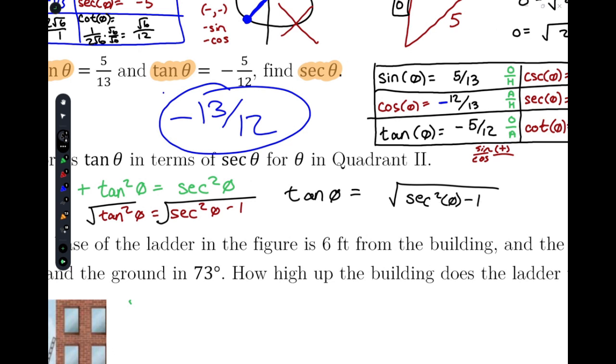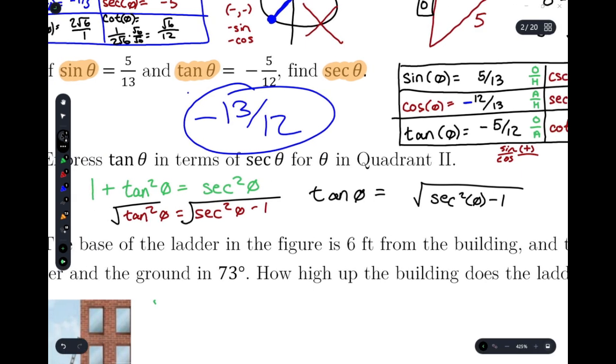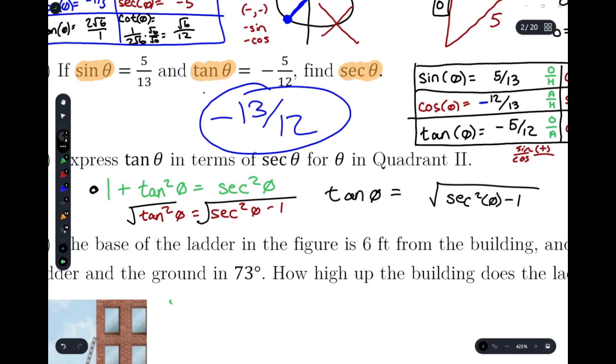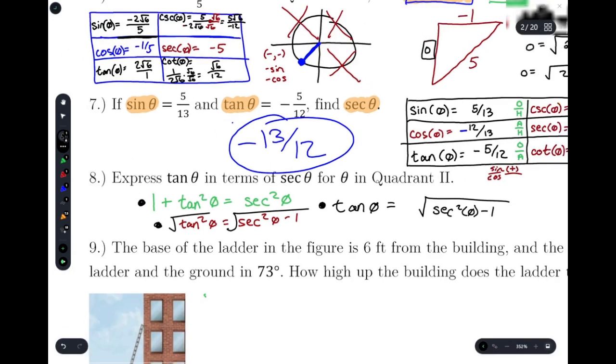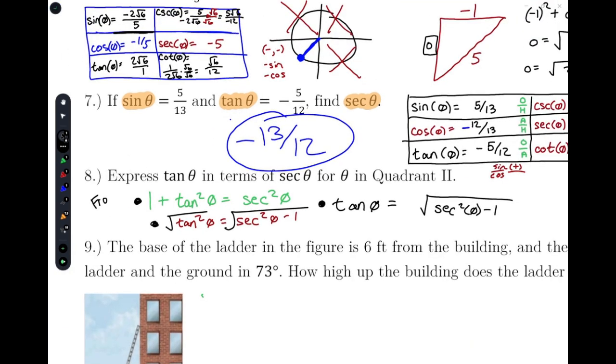That's kind of hard to remember, actually, what tangent is in quadrant 2. Because sine over cosine, yep, it's a negative. And that was easier than keeping it sines and cosines. So the right side is your answer. That whole thing you wrote there is your answer? Yeah, that is tangent expressed in terms of secant.